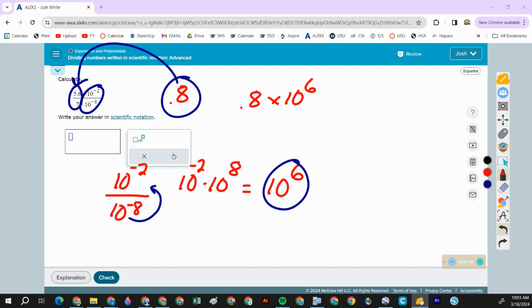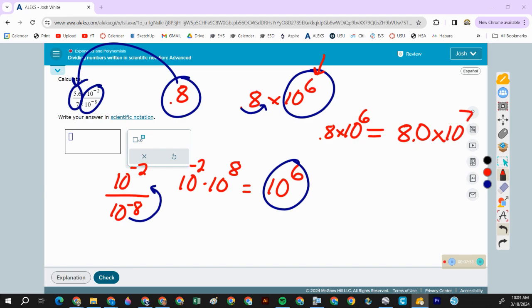So if I move this to the right, how is that going to affect my 10 to the 6th? Well, moving a decimal to the right is like multiplying by 10. So this needs to go up by 1. So 0.8 times 10 to the 6th is exactly the same thing as 8.0 times 10 to the 7th.